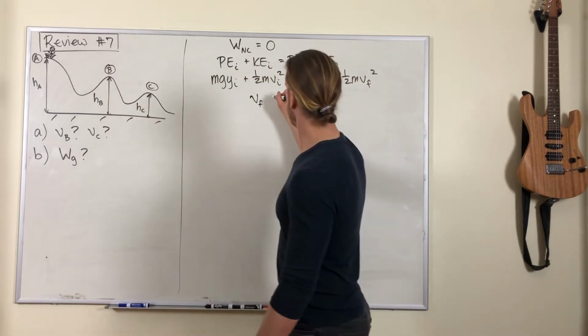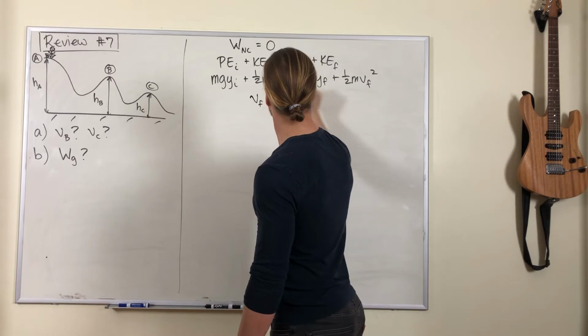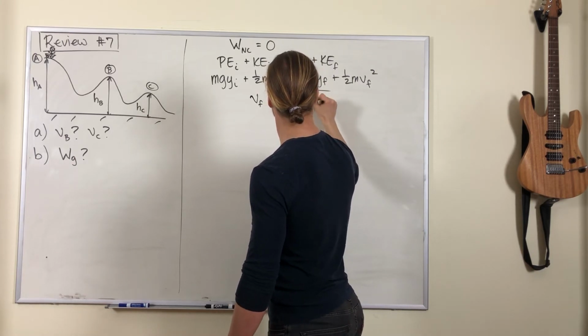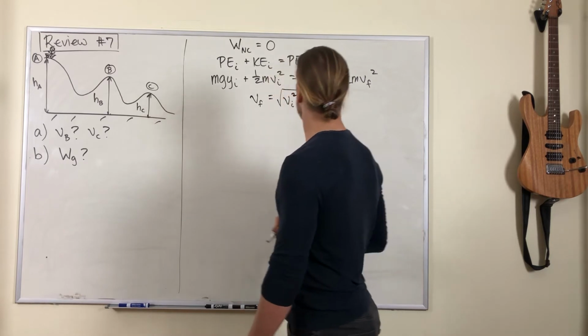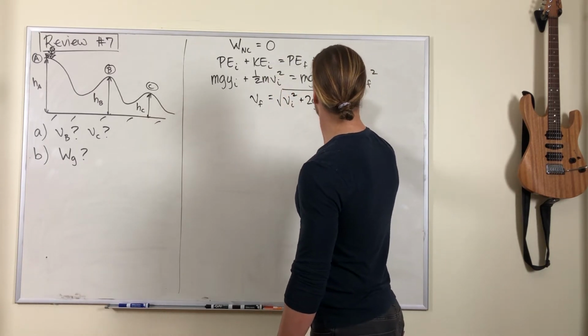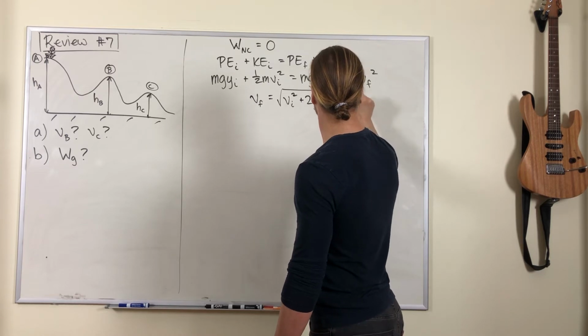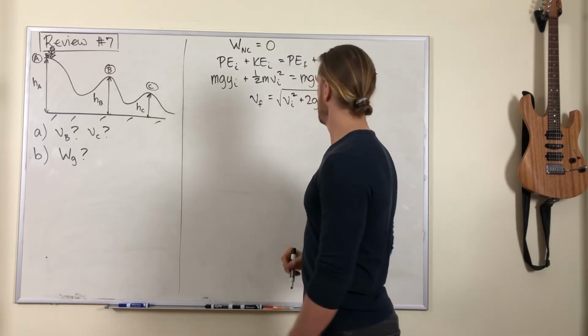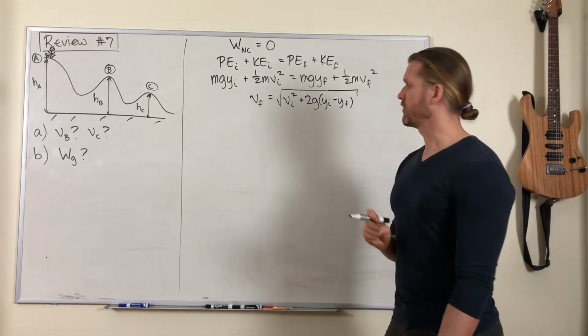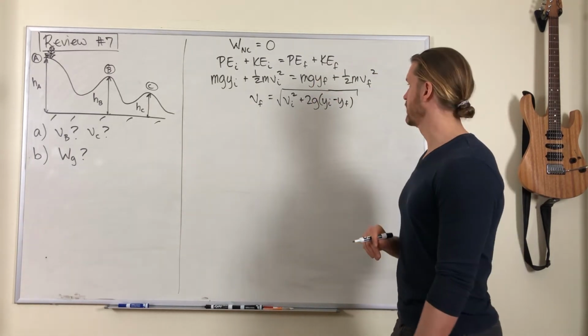Try this algebra out at home if you like. V final equals the square root of v initial squared plus 2g times (y initial minus y final). That's true for any 2 points on the track.